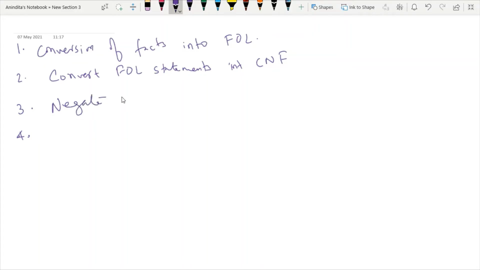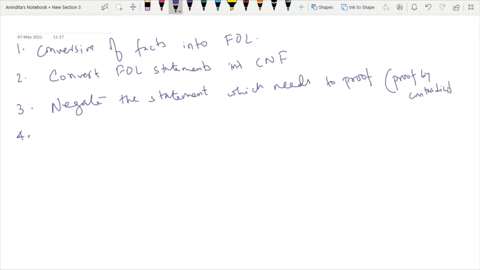We have to negate the statement which needs to be proved, and this is known as proof by contradiction. And the fourth step is we have to draw the resolution tree, which is known as unification.